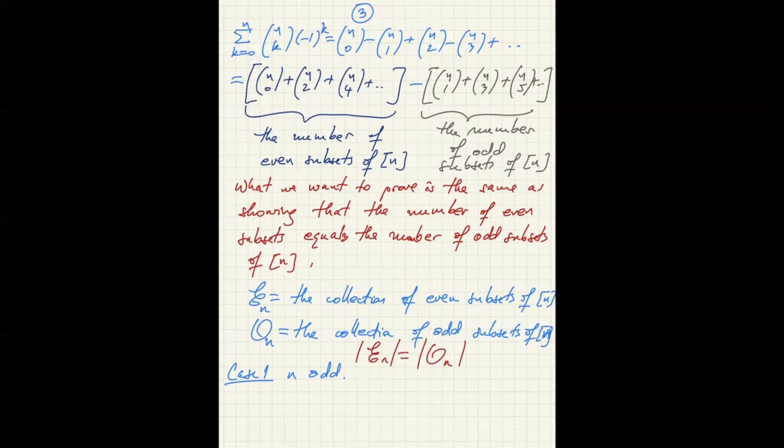And this bijective function is pretty easy to do when n is odd, as you'll see in a second. So we construct this function. If I take E, an even subset, I map it to its complement, so it's N minus E.